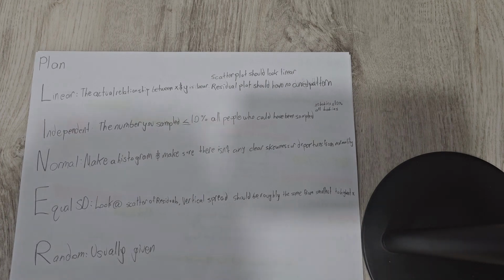Normal: you're going to make a histogram of your data, or you're going to be given a histogram, and you're going to make sure that there isn't any clear skewness or departures from normality, right? So just imagine what a normal graph would look like, and if it looks normal to you, then we're good. No outliers, no weird things.